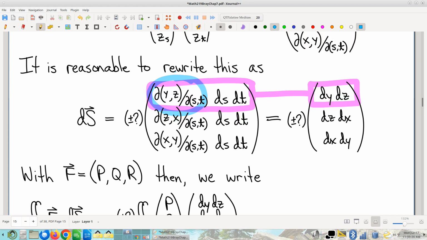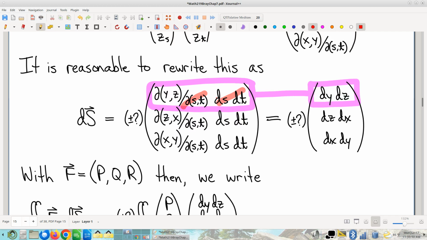It's a little strange, but if we get comfortable with the idea that there's a faux cancellation there, it's not a real cancellation. That's not a fraction. These are not independently defined things. But we've seen multiple versions of why, even though it's not a fraction, it behaves like a fraction.